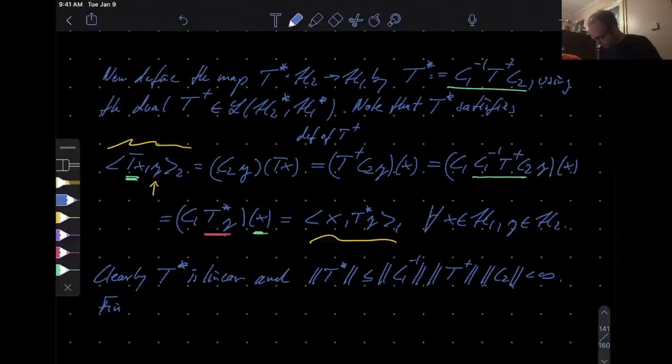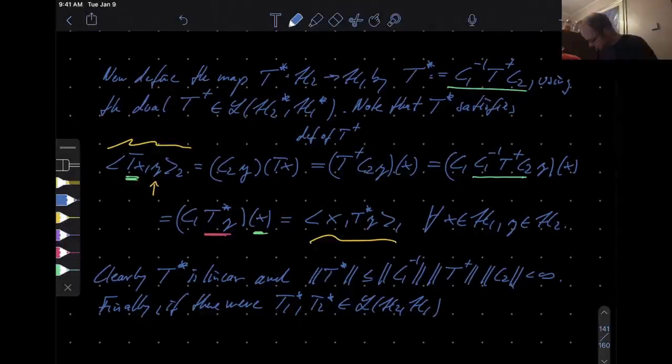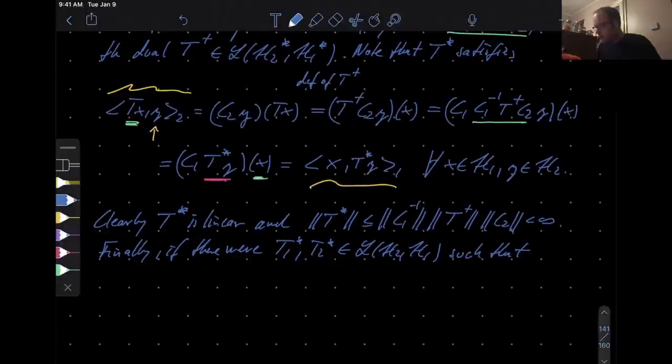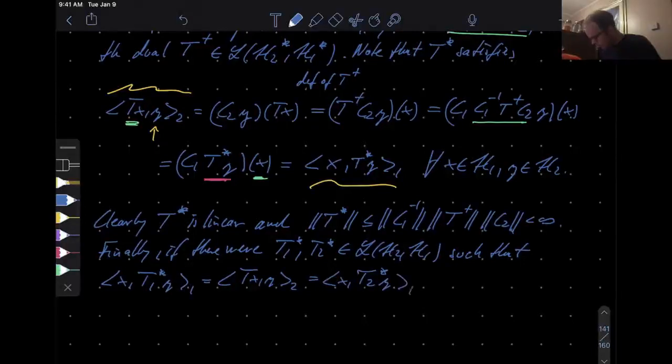So finally, if there were two guys, say T1 star, T2 star, from L(H2, H1), such that ⟨x, T1 star y⟩ in H1 is ⟨Tx, y⟩ in H2, and at the same time ⟨x, T2 star y⟩ in H1, for all x in H1 and y in H2.